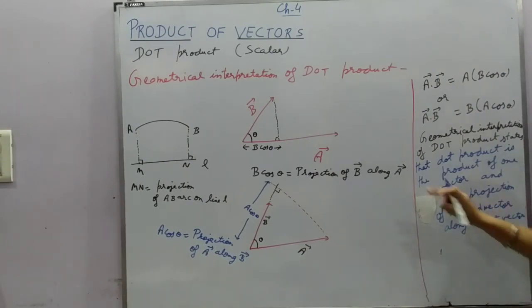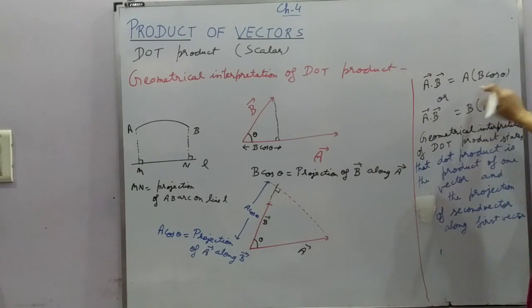So here in this case I have taken first vector as A, and here I have taken first vector as B.